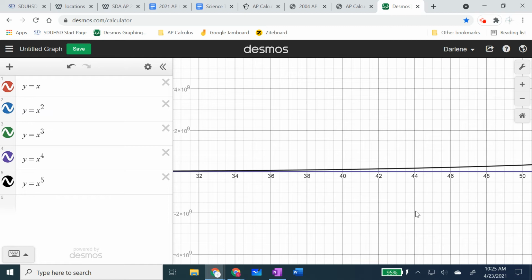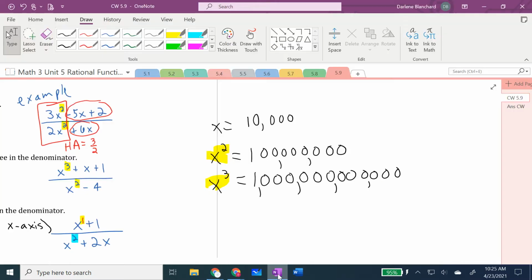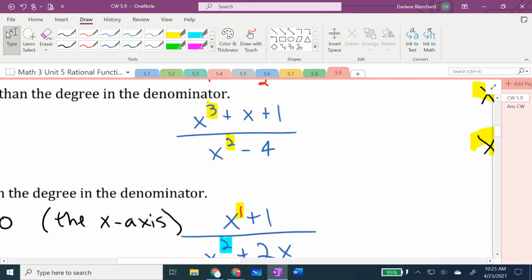But I want you to just understand how significant a largest degree term is when you are adding lesser degree terms on. It's the issue of the addition.